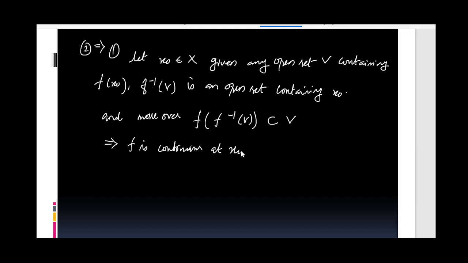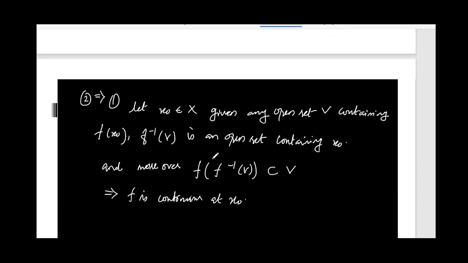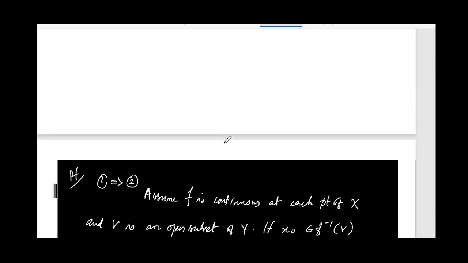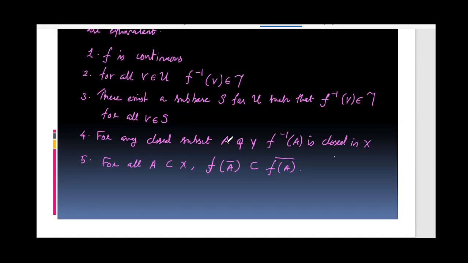at x naught. See, we want to prove f is continuous, and what do we want to assume? We want to assume condition 2. Condition 2 was for all V belongs to U, f inverse of V belongs to tau. That means if we have an open set in Y, then f inverse of that open set is in tau, right?